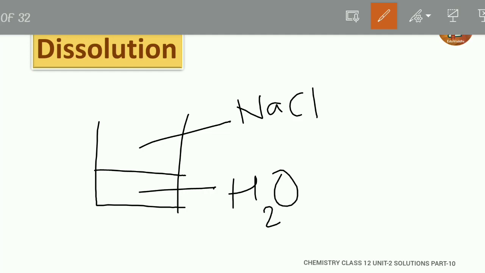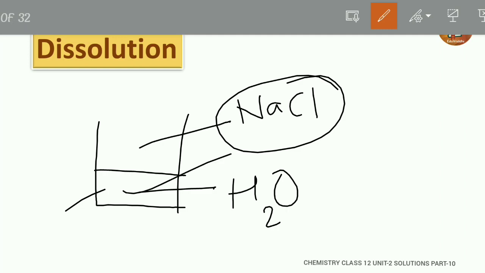Maybe 100 or 200 ml of water is taken and a little amount of salt is added into it, and you know that this salt is going to be dissolved in this solution, and as time passes the concentration of sodium chloride in this solvent or in the solution goes on increasing, and this process is called dissolution.